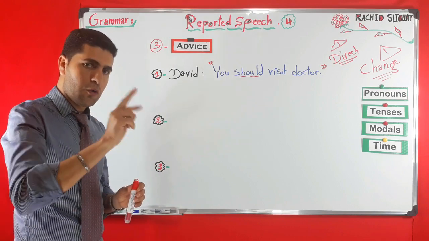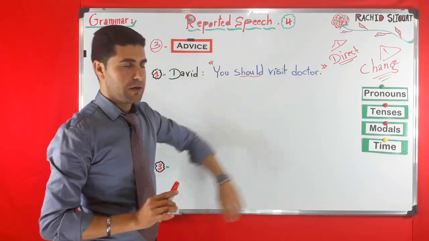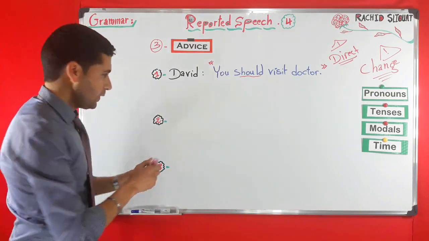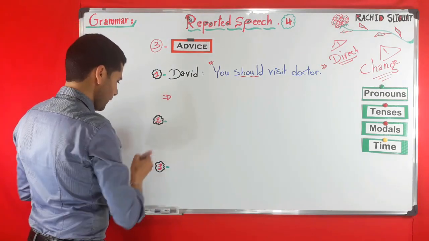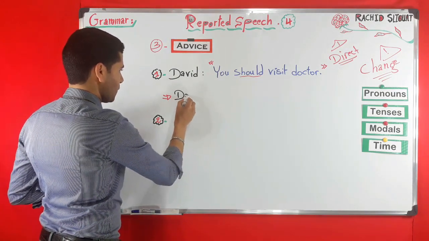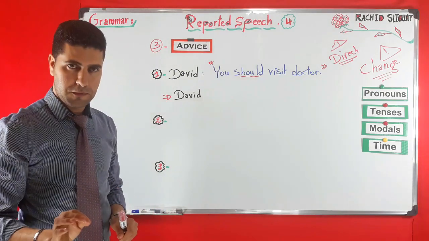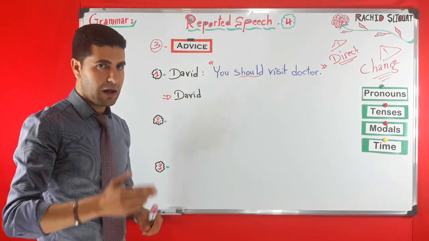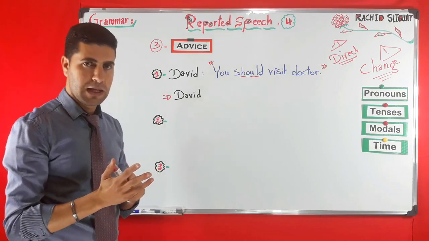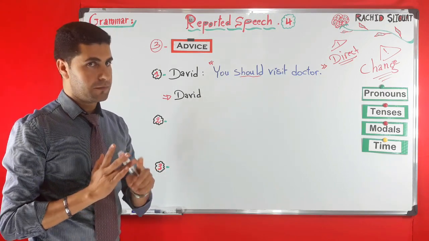Now let's see how we can report this advice. We start with David. Now we need a reporting verb. So far we've seen that the reporting verb of a statement is the verb say, of an order the verb tell.